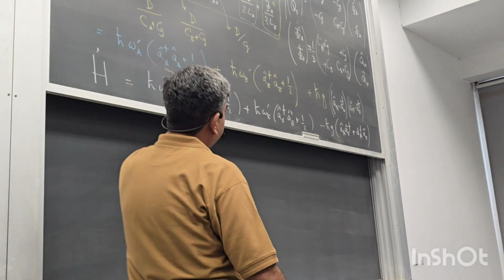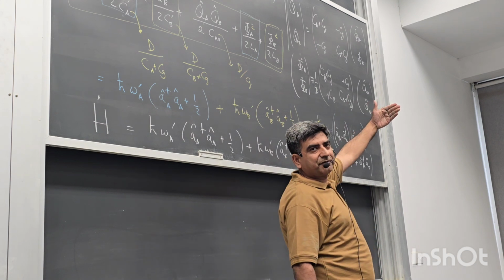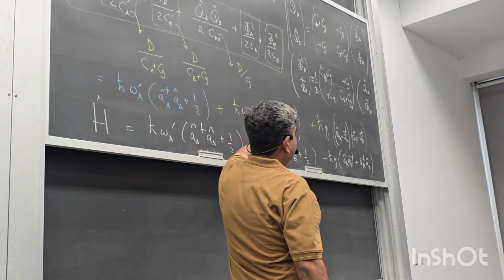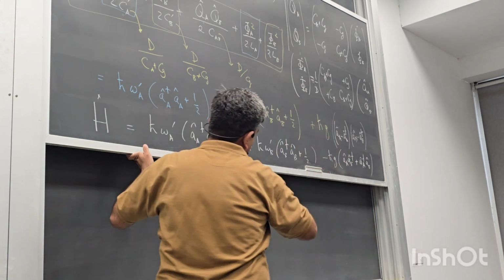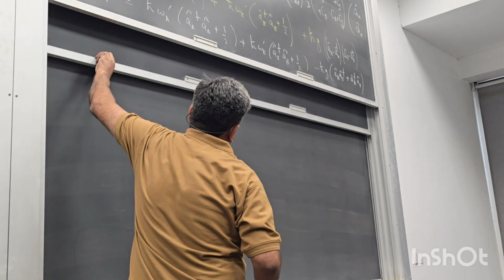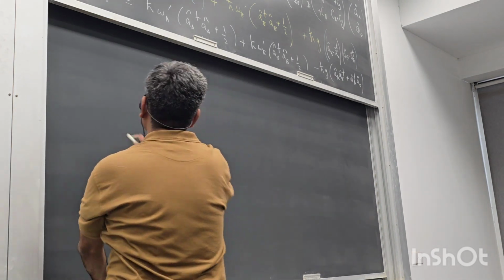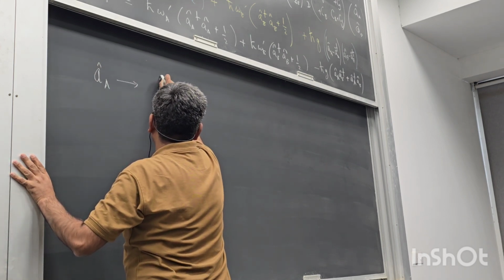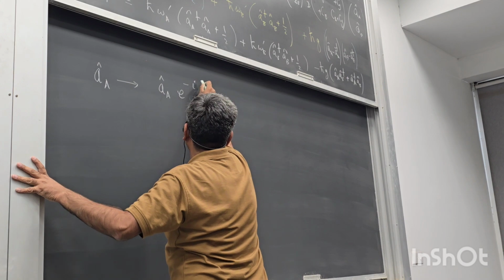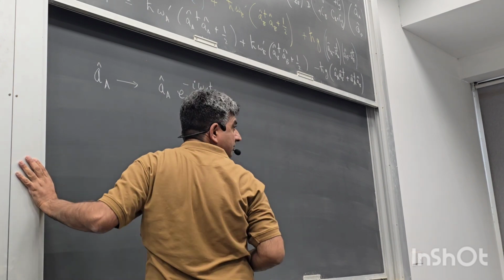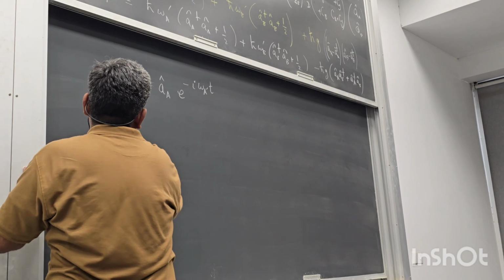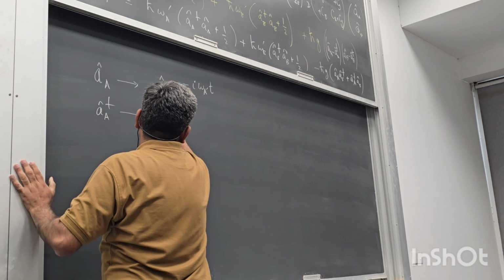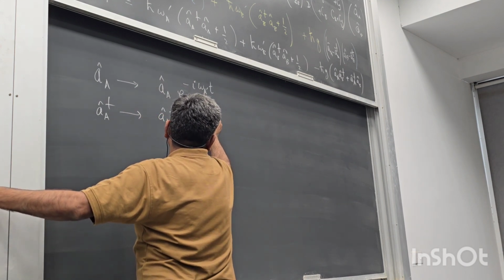So what we could do is go to the interaction frame. The interaction frame will get rid of these terms because these are free Hamiltonians. And this a will be replaced by a e to the minus i omega A prime t. Its a dagger will be replaced by a dagger e to the plus i omega A prime t.